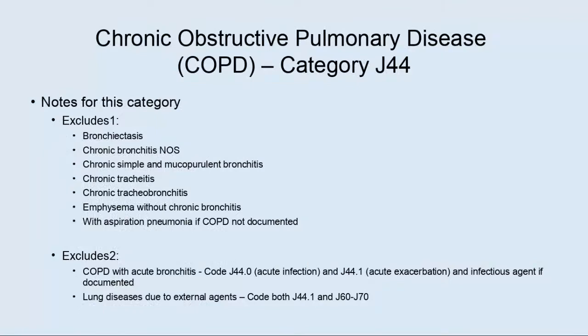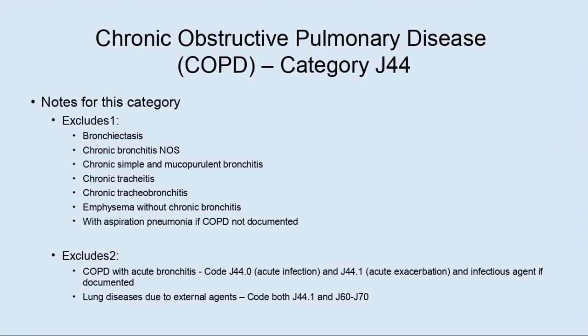So in COPD J44, there are some exclusion notes. These are not coded as COPD: bronchiectasis, chronic bronchitis NOS, chronic simple and mucopurulent bronchitis, chronic tracheitis, chronic tracheobronchitis, emphysema without chronic bronchitis, and with aspiration pneumonia if COPD is not documented.